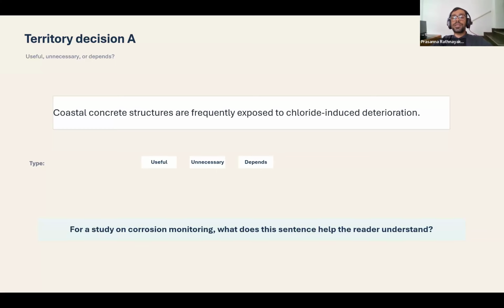Please type your choice on chat. If you just look at this sentence, for a study on corrosion monitoring, would you mark this as useful sentence or unnecessary sentence, or it depends? Send me your response on chat.